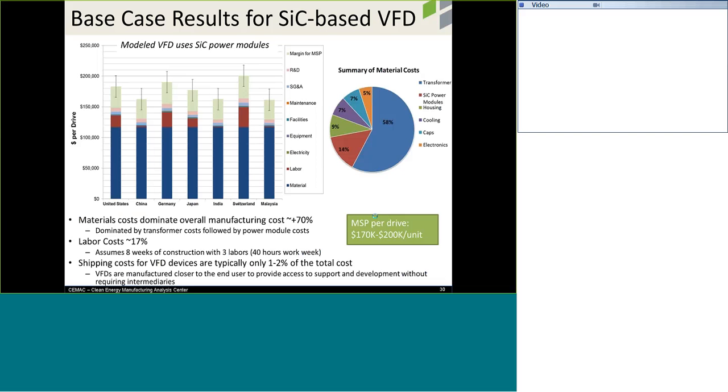There is no specialized equipment necessary to assemble a drive, but it is, based on our interviews, very time-consuming. So we were assuming it would take about 8 weeks of construction with 3 laborers with 40 hours per week. And so between the material costs, which is over 70% here, and labor costs, which is about 17%, that's the vast majority of the cost in a variable frequency drive. And the overall drive is $170,000 to $200,000 a unit.